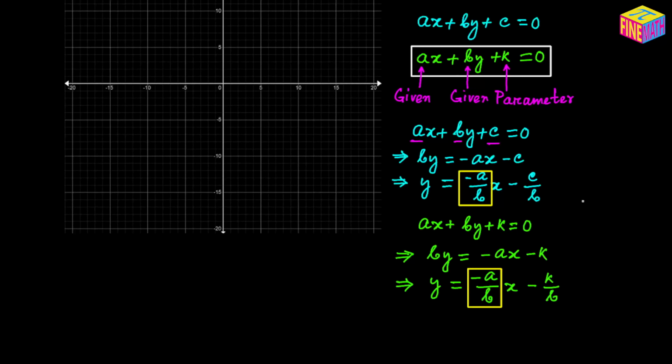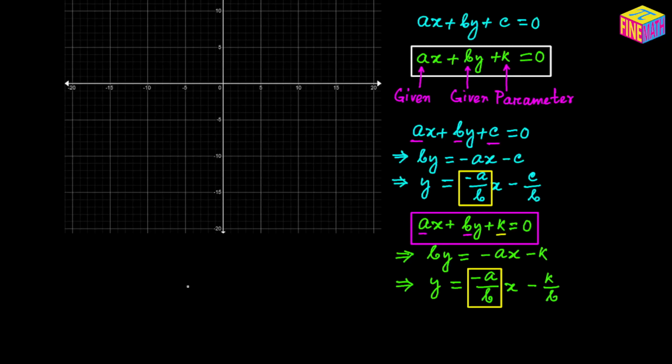However, when we come up with the equation of family of straight lines which will be parallel to the given line, in that form a and b will obviously be given. However, k will be the unknown, right? So a will be given, I am doing a pink underline, b will be given, but k will be the unknown. Let me do a yellow underline here. So k will be the unknown, and that will be the equation of the family of straight lines which are parallel to the given line.